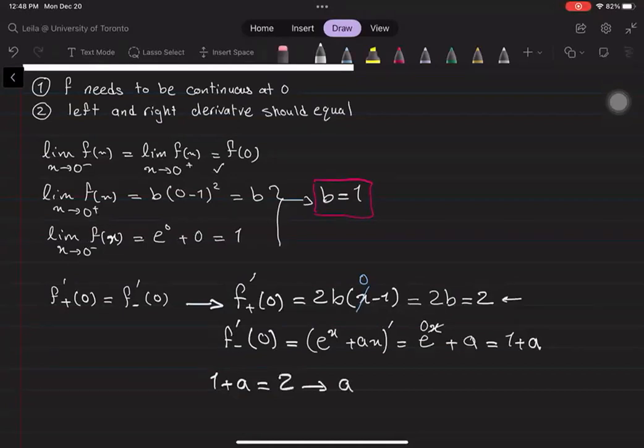So here, wait, actually, this one should have a minus 2b plus minus 2. So you have minus 2 equals 1 plus a, then your a is going to equal minus 3.